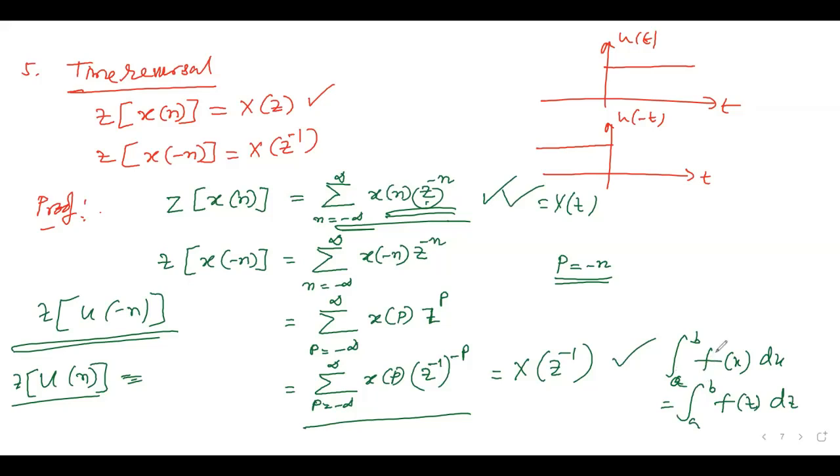Same logic: these two integrations give the same result. That means these two summations will give the same result. Only thing is that z will be replaced by minus z. Okay. Initial value theorem and final value theorem. Initial value.